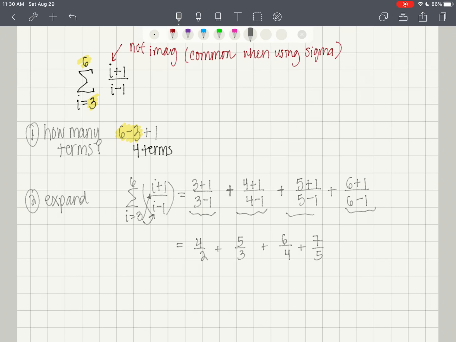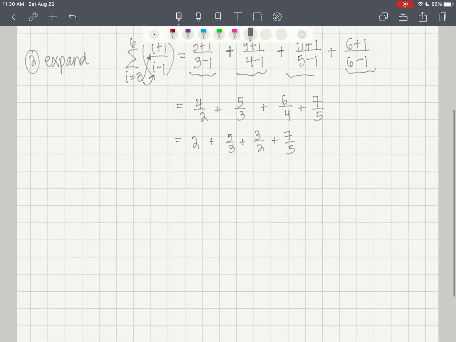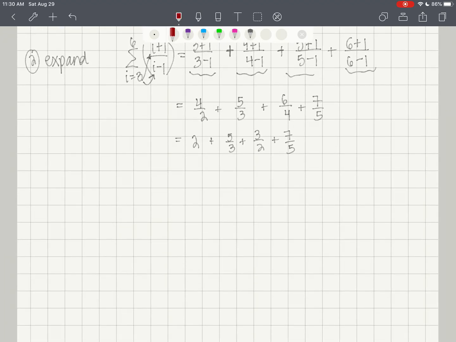And now I get to add all of these together. This is 2 plus 5 thirds plus 3 halves plus 7 fifths. When I add fractions, I have to have a common denominator. So I'm going to add these 3 fractions. The first fraction needs a 2 and a 5, so that's 10.